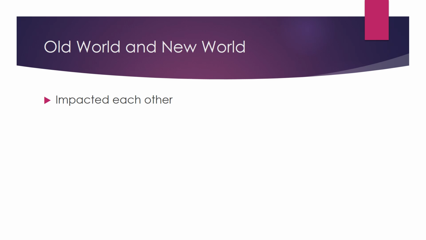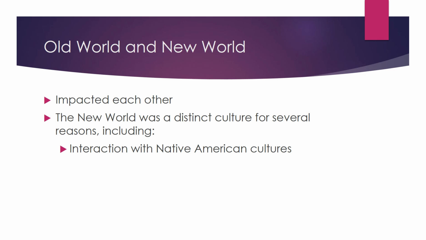So for instance, the immigrants of European descent came with their own cultures and languages, but the new country changed those cultures, whether that's through interaction with Native American cultures, or that they had new professions and new ways of life. So to survive in the New World took different professions, and it wasn't an established culture.